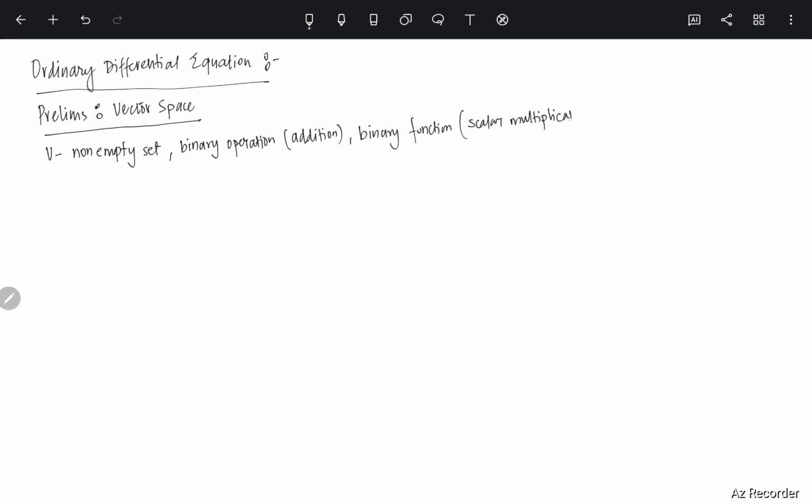So the set along with this operation and function has to satisfy certain assumptions, the below assumptions. So what are the assumptions?